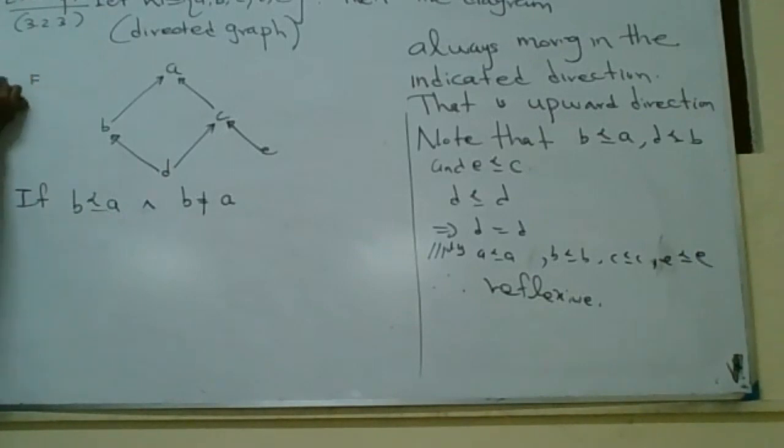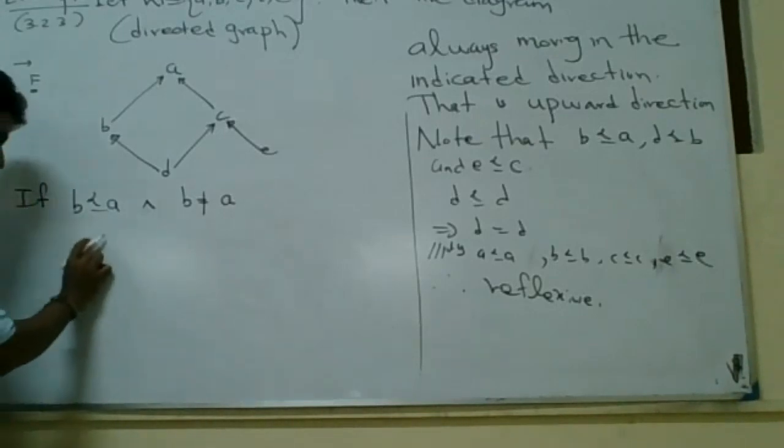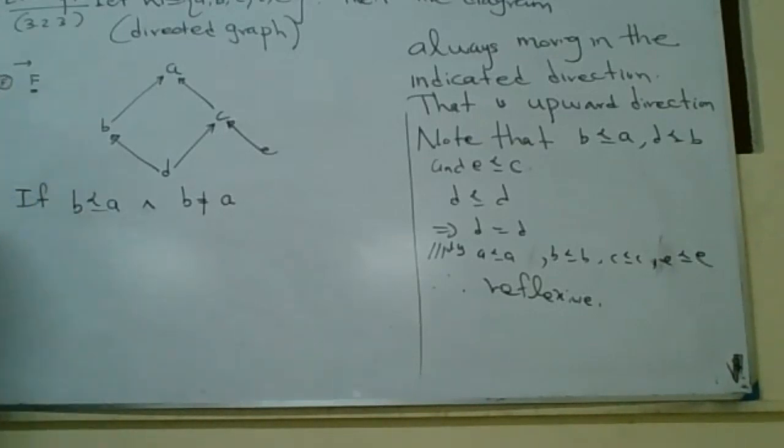Therefore definitely this one is false. Now you want this one false, that means A does not precede B. That's the thing you want to show now.